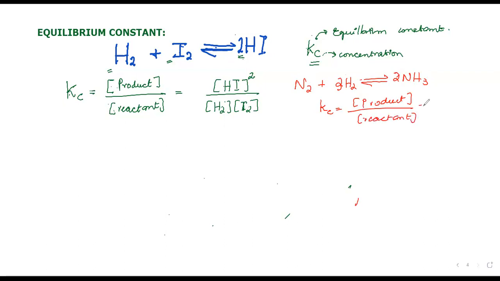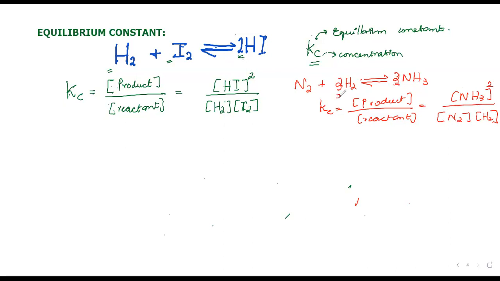Our product is going to be NH3, ammonia, in square brackets, divided by the 2 reactants, nitrogen multiplied by hydrogen. Now let's take a look at the mole ratio. The mole ratio for NH3 is 2, right? So I will write down NH3 raised to the power of 2.